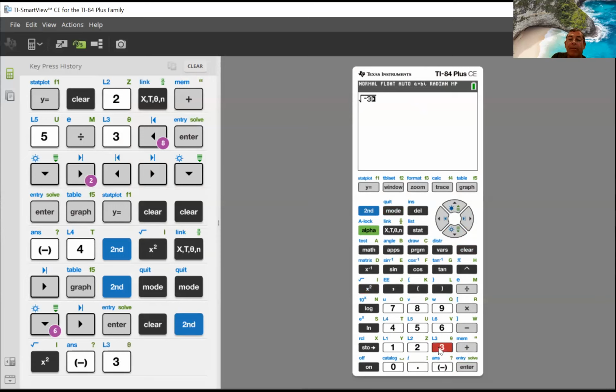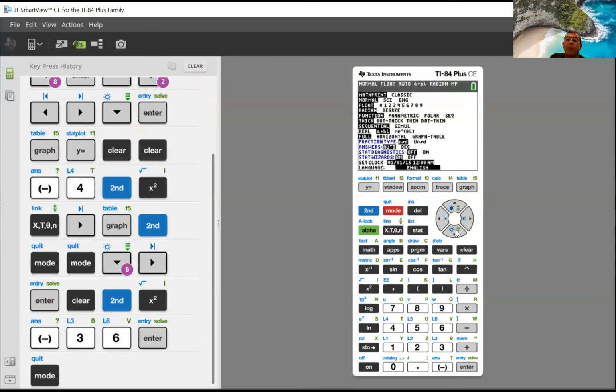So now when I put in the square root of -36, it'll spit out that 6i. So that's what you have to do if you want the calculator to do those imaginary ones.